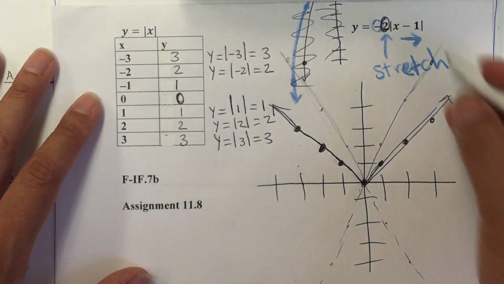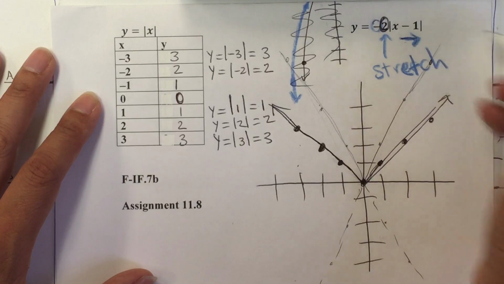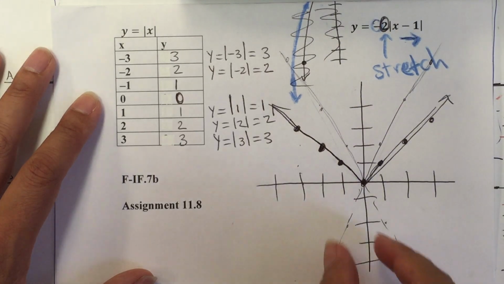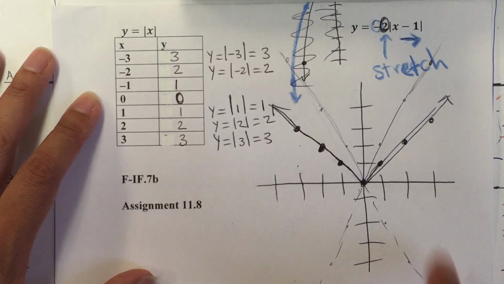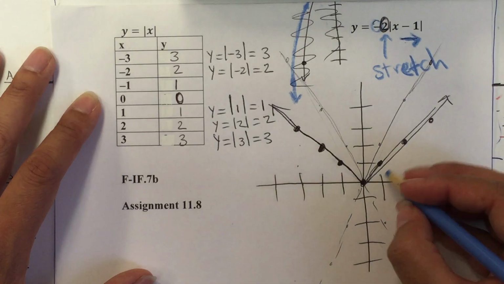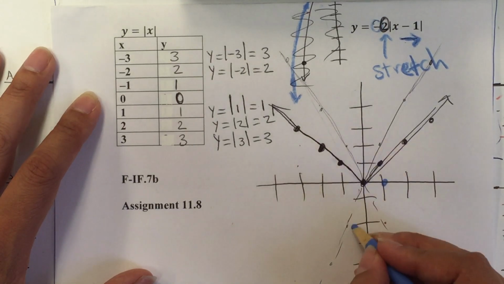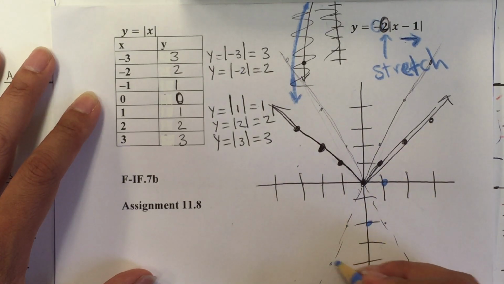And the last one is that it's going to send it to the right one. So it's going to be this mirror stretch going to the right one space. So meaning that this is going to go here, this is going to go here, this is going to go here, this is going to go here, one, whoops, so run down here, sorry.